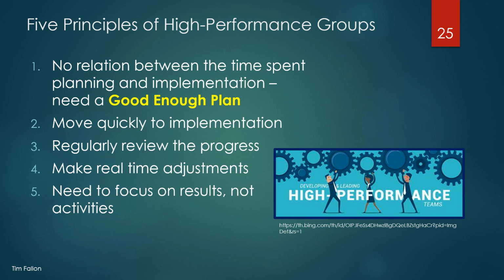High performance groups focused on results, where low performance groups focused on activities. The low performance groups often said, "We are working hard, therefore we must be doing well." Working hard doesn't always translate into desired results.